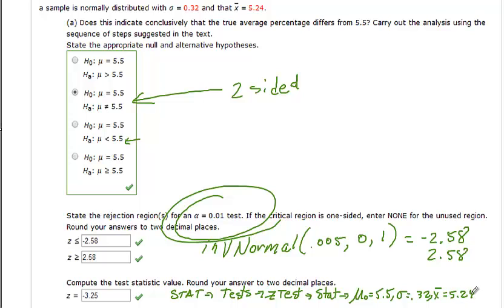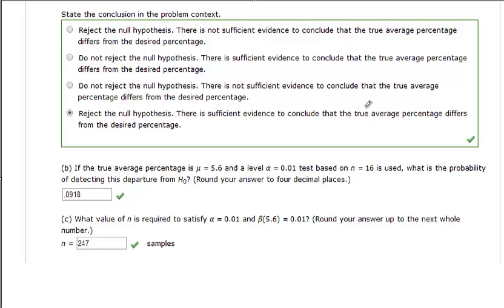My n is 16. And I choose the not equal to mu naught option, because that's my hypothesis test, and you will get a z value of negative 3.25. And seeing as this value is indeed less than my z of negative 2.58, I will say reject the null on my next slide here. We'll pull up, reject the null.